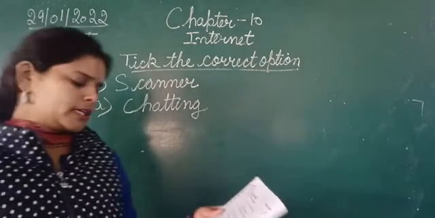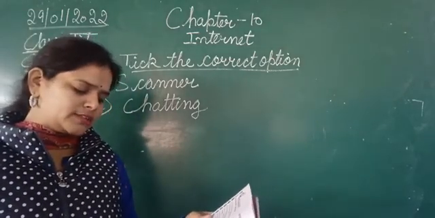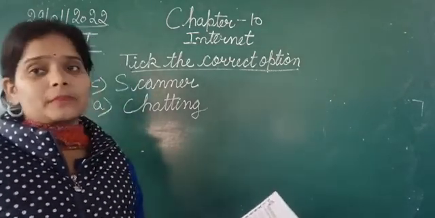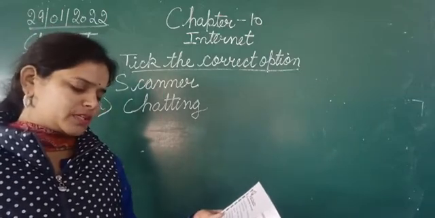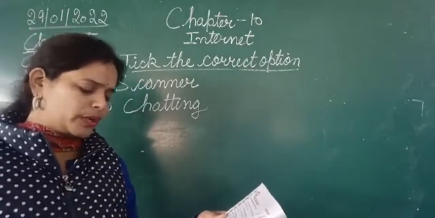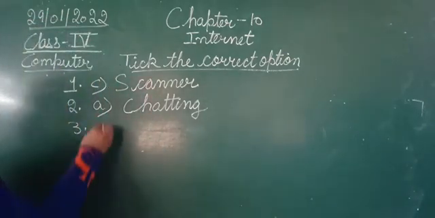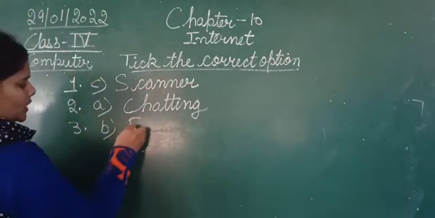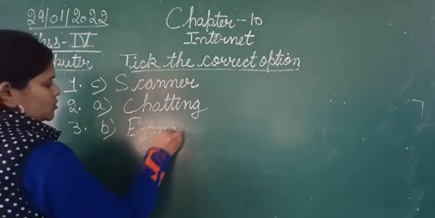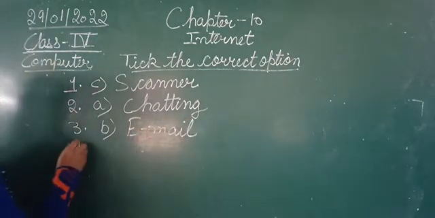The messages can be sent and received on computer through downloading, email or surfing. That is through email, option number B. So we can send and receive instant messages on internet through email.